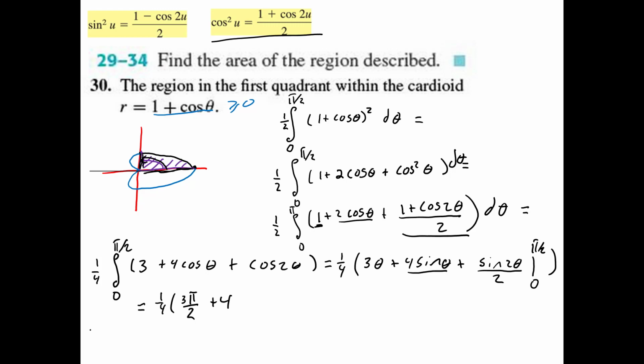But when we double the pi over 2, we get pi, and the sine of pi is 0. So we don't get a third term for this term right here, because that becomes 0. Okay, and when you put in 0, every one of those is 0, so then this is minus 0. And so you get 3 pi over 8 plus 1.